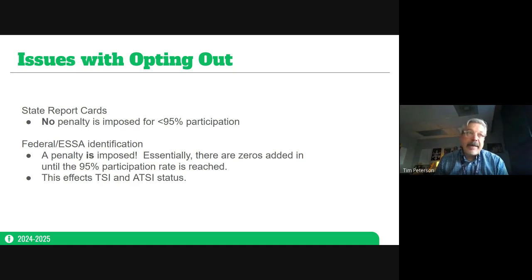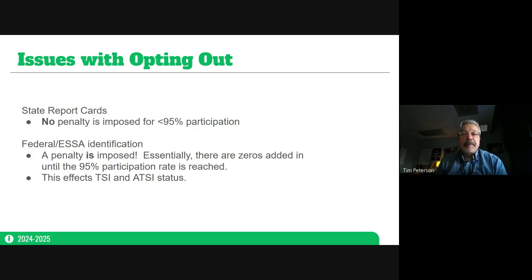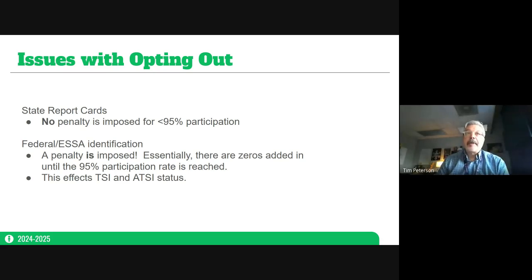If your school is identified as TSI or ATSI, these are things that you need to be aware of. Again, we honor families and their wishes, but helping them understand what it is that they're asking is really important as well. And if you want some more information, I can certainly share that with you.